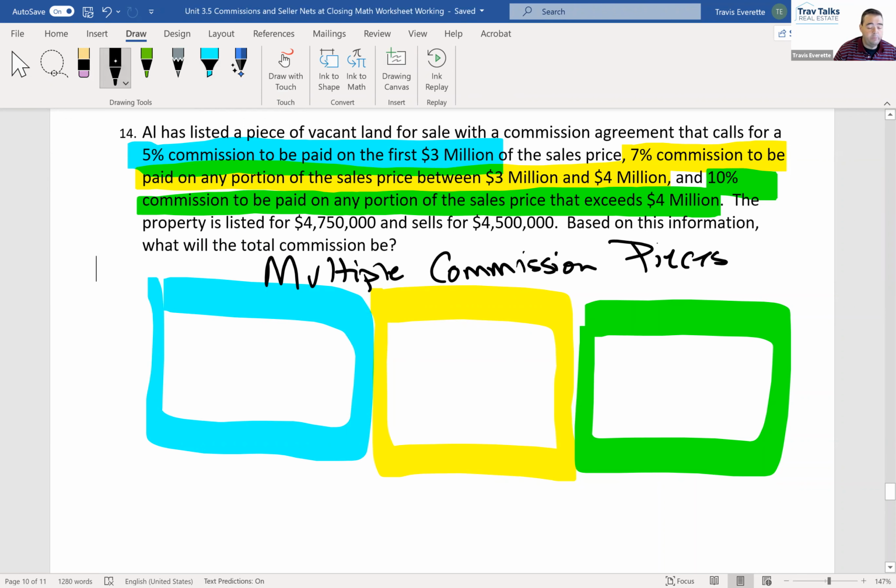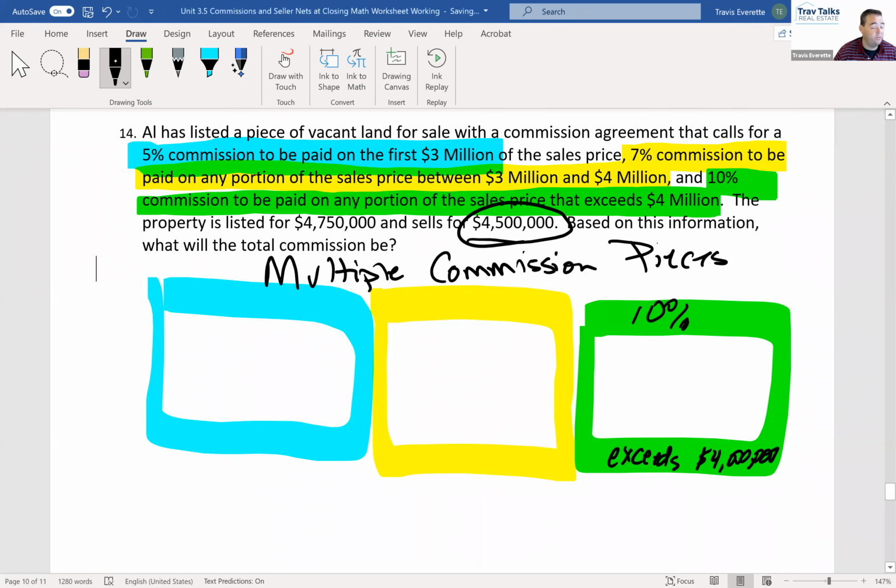It says 10% commission to be paid on any portion of the sales price that exceeds $4 million. Okay, so I need to know, so this is 10%, but exceeds 4 million. That's the only part of the transaction that I'm going to get paid that amount of money on. Okay, so look, it says the property was listed for $4,750,000 and sells for $4,500,000.